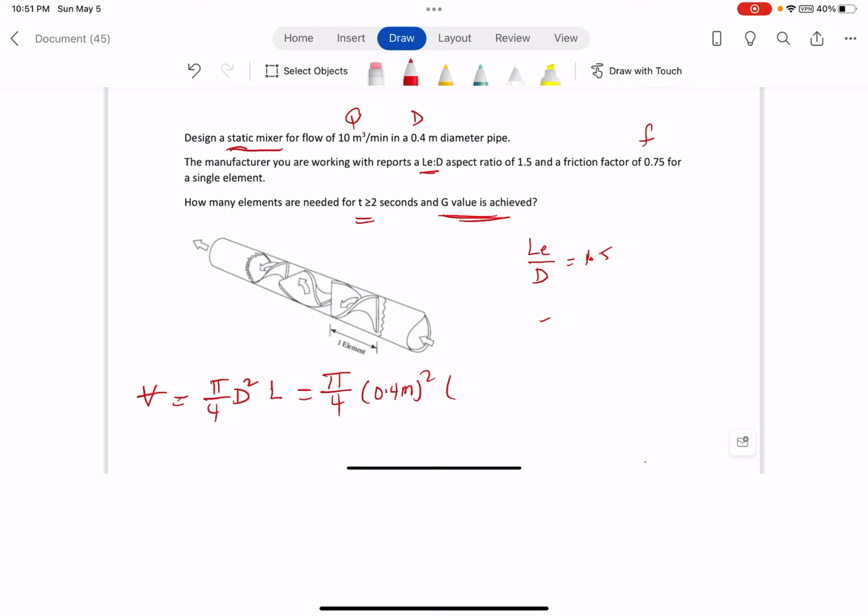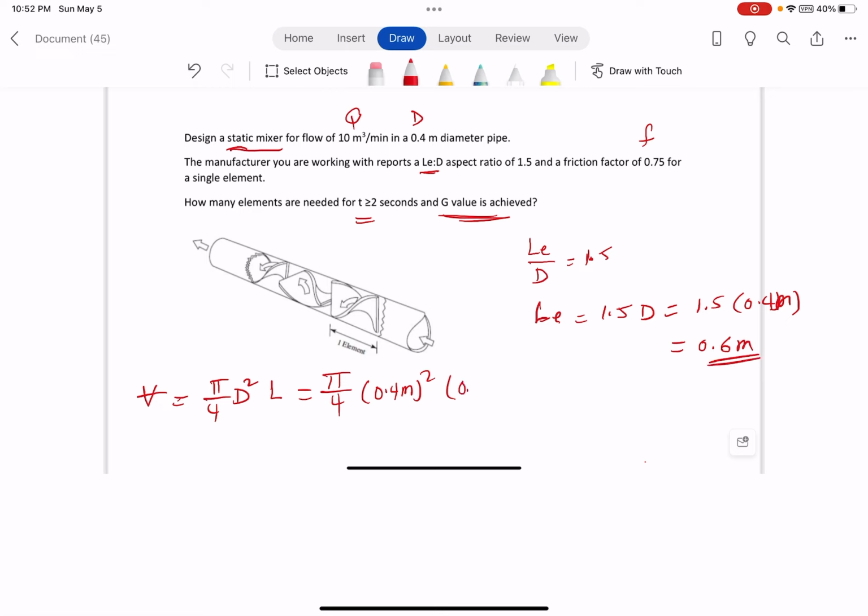The length of the element is 1.5 d, and with a diameter of 0.4 meter, this gives a length of 0.6 meter.